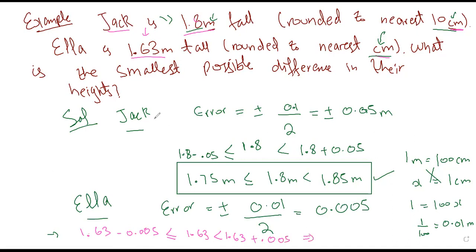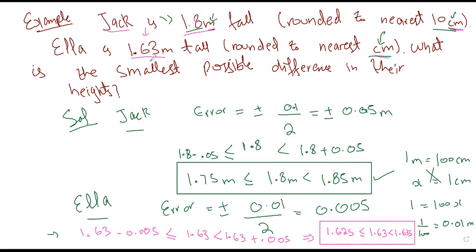Can you tell me what exactly you are getting when you do this? For the lower bound, it is 1.625. Okay. And for the upper bound, it's 1.635. Very well done. Okay, perfect.